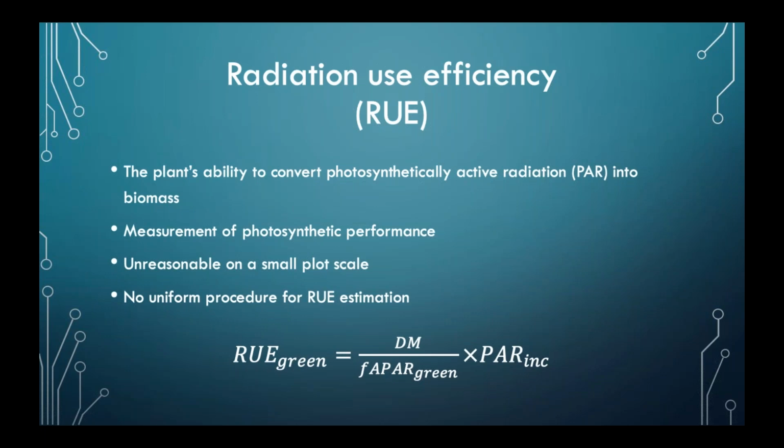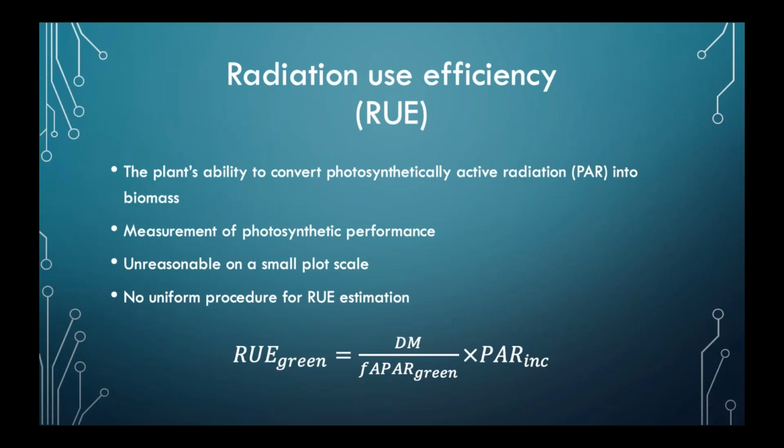And so we have our RUE green, which stands for the radiation use efficiency of only the green leaf area, equal to the dry mass over the fraction of the absorbed photosynthetically active radiation of the green leaf area multiplied by the incoming PAR, photosynthetically active radiation that's coming in.